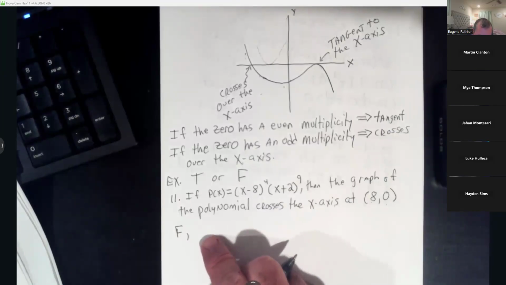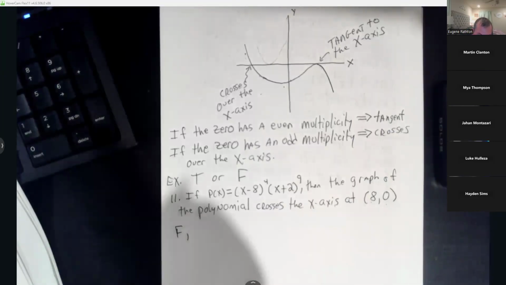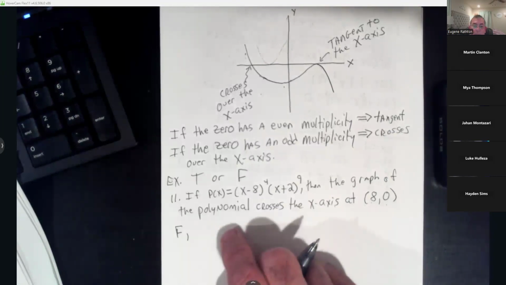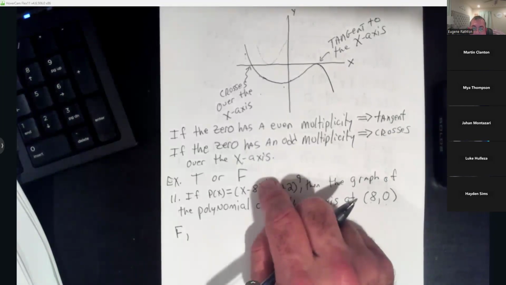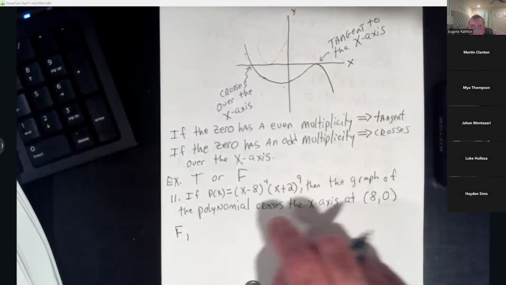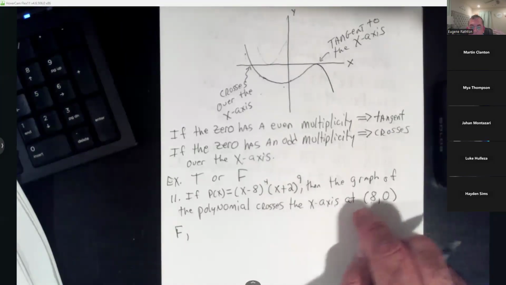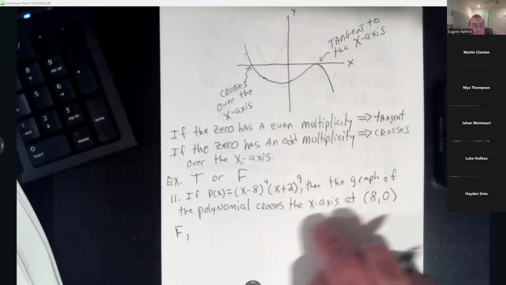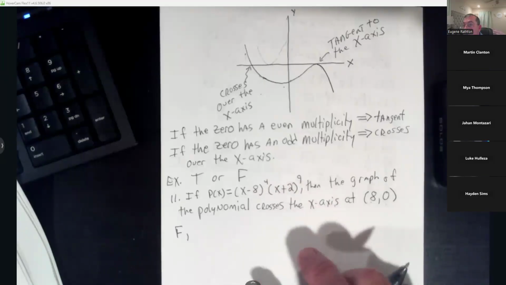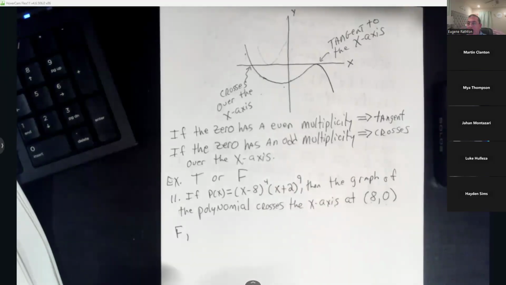Now I would pick the answer that says there's two false ones. One will say the exponent 4 is even, and therefore it crosses at 8, 0. And then the other one says 4 is an odd number, so it's wrong based on them saying 4 was an odd number.